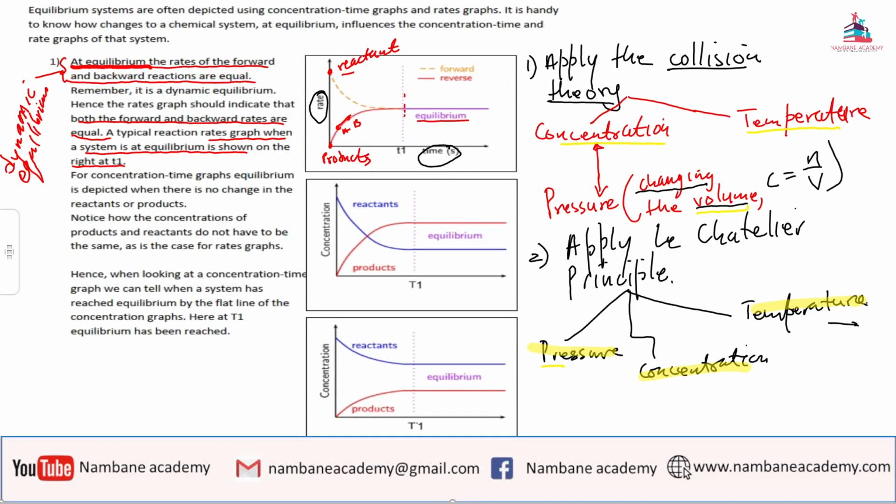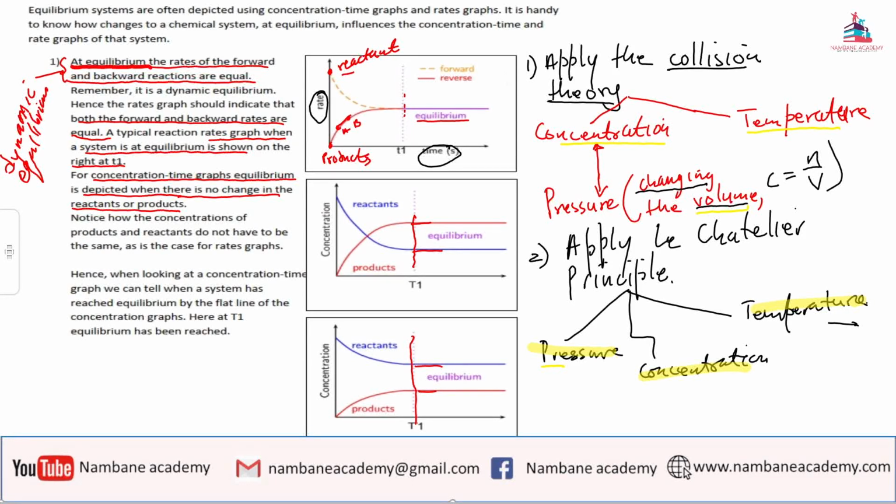Now the concentration versus time graph is depicted when there is no change in the reactants or products. So I have two here, they basically mean the same thing. Once we see that we have a constant line here at T1, it basically says equilibrium has been reached.